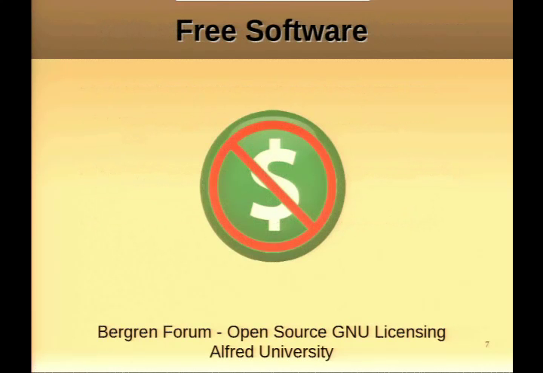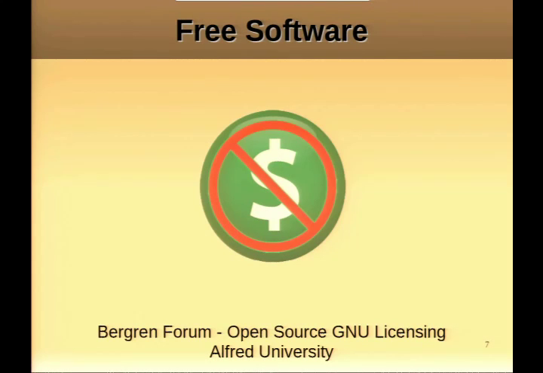So one of the things that I wanted to talk about really quickly is the concept of free software. Now, when we talk about the GNU General Public License, Linux, open source software, we, as consumers, the first thing we think about is free as in no cost. And that is not the ultimate purpose of this.